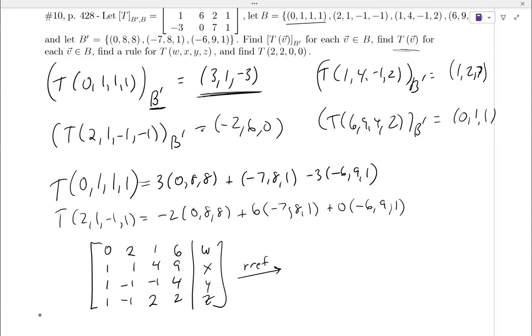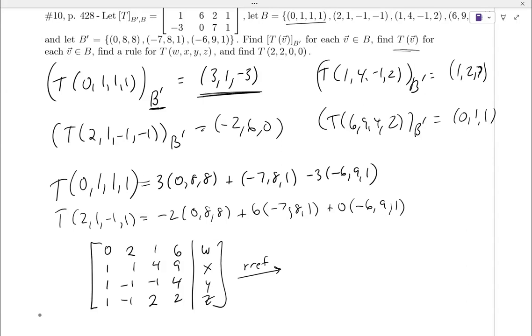I could do it by hand, but I really don't want to, and I don't want to take the time to put it in GeoGebra. But you would get the coordinates of your input for an arbitrary W, X, Y, Z in terms of each of these. Then you would know what the outputs are based on what you get here, right?